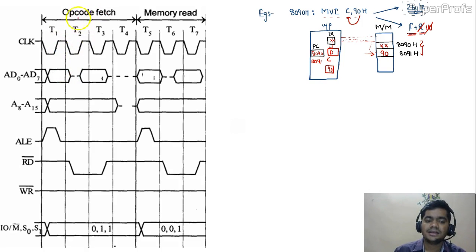Now, to complete the timing diagram, the first machine cycle is always opcode fetch.